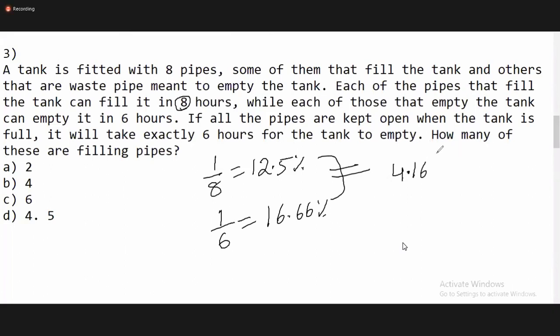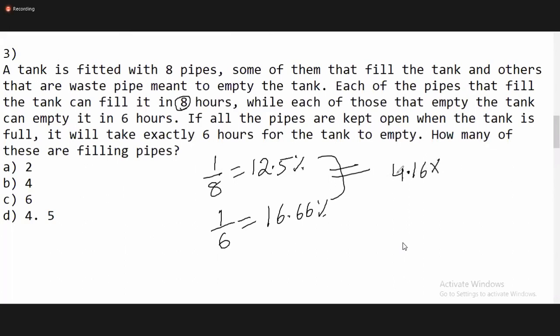Are you getting my point? Every hour it is emptying 4.16.